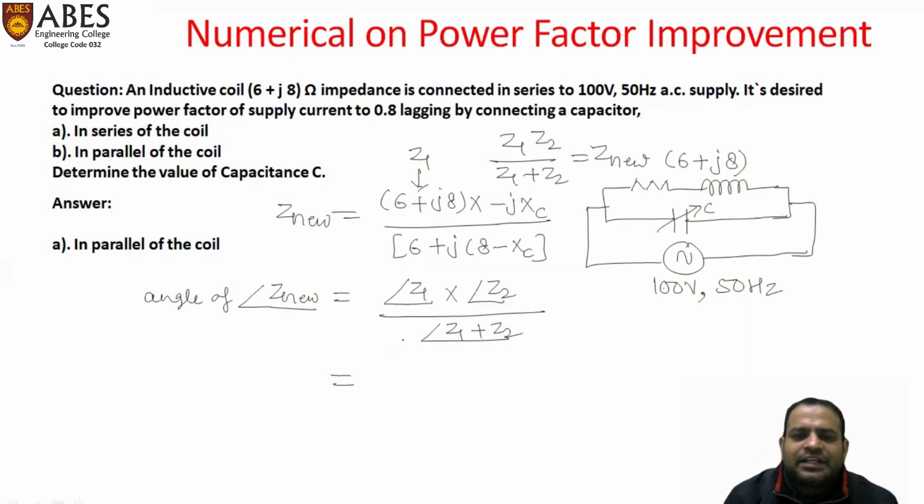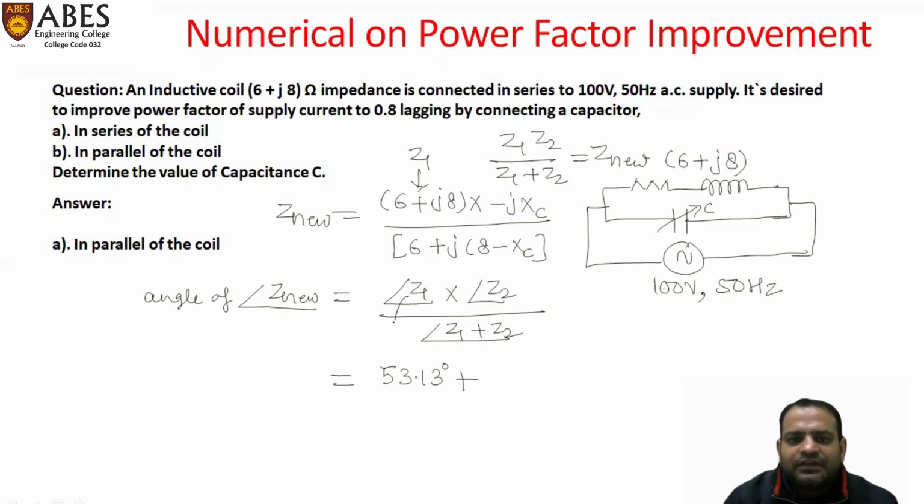For 6 plus j8, the angle is 53.13 degrees. When we multiply two polar terms the angles add, and when we divide, we take the angle in negative.